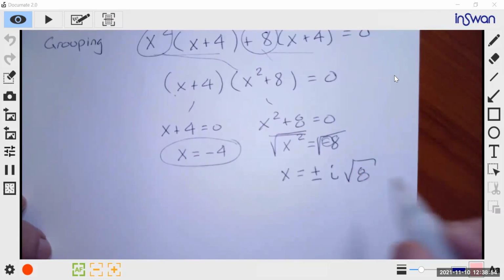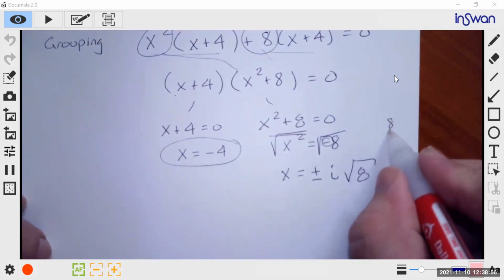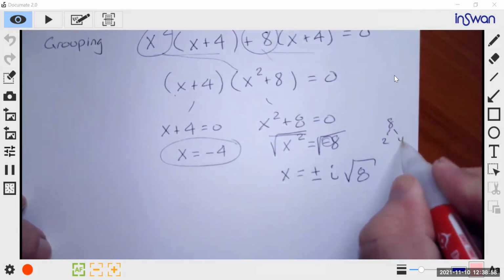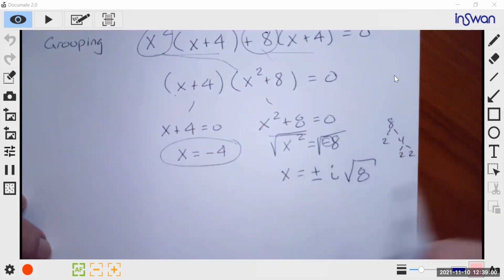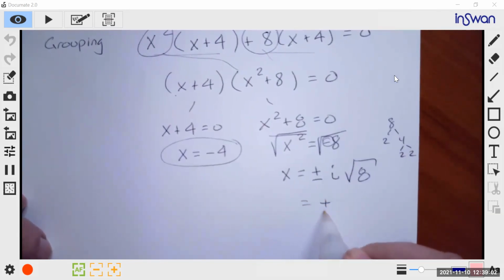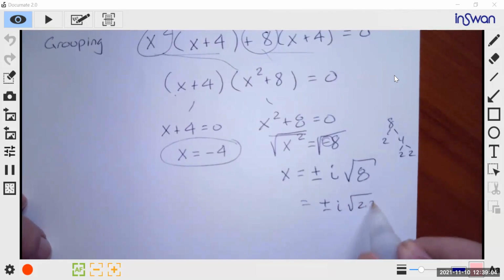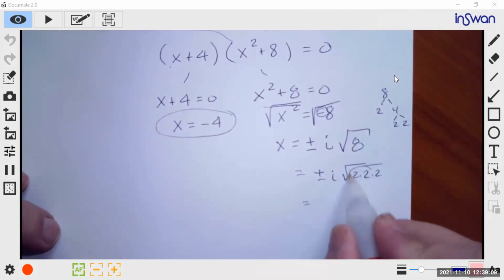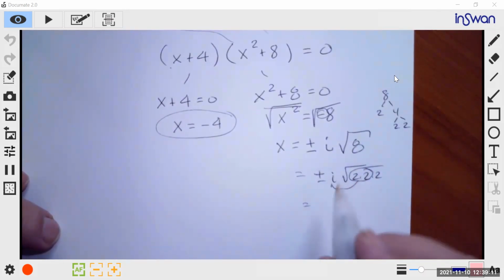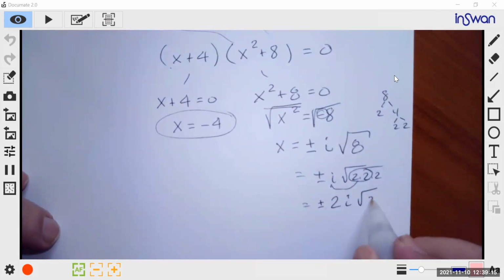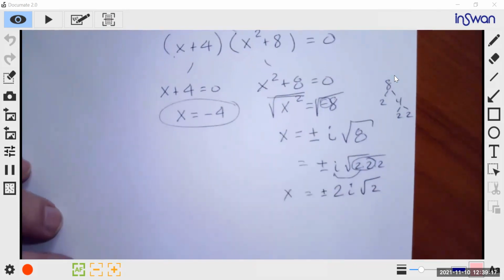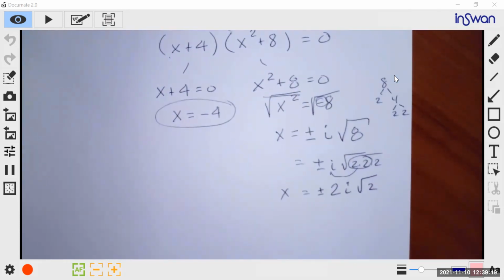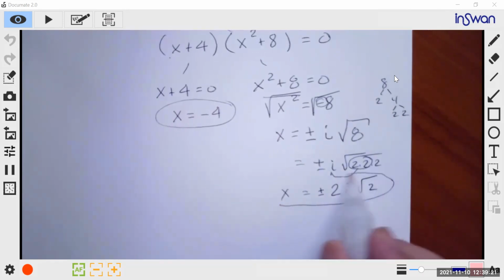Can we factor anything out of that one? Yeah, 8 is made up of 2 times 4. So it's really 2 times 2 times 2. Since there are two of a kind, we can take it out. So those are our three factors.